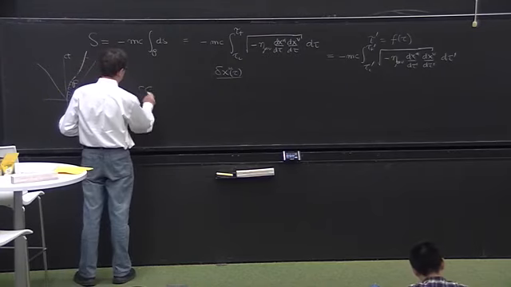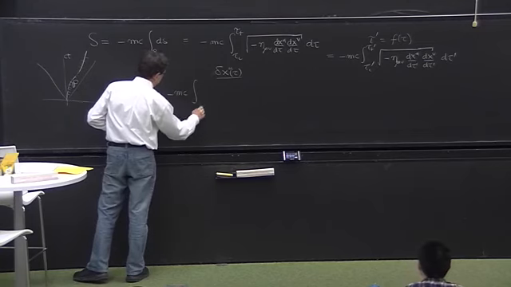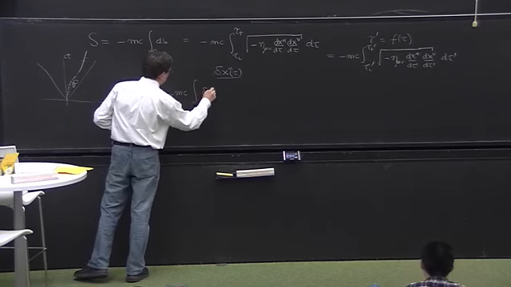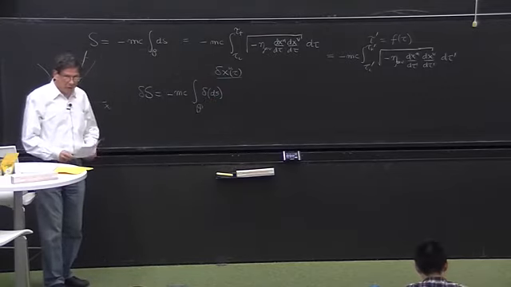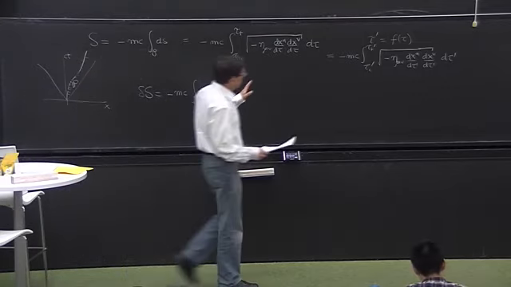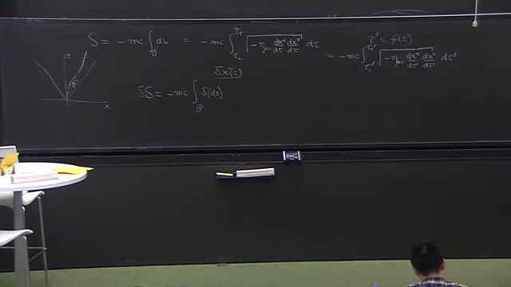So delta s is equal to minus mc integral of delta of ds. And the reason I want to do it is because it's easy to go into pretty hard calculations here unless you're very careful. And I want to show you how to be careful about this.